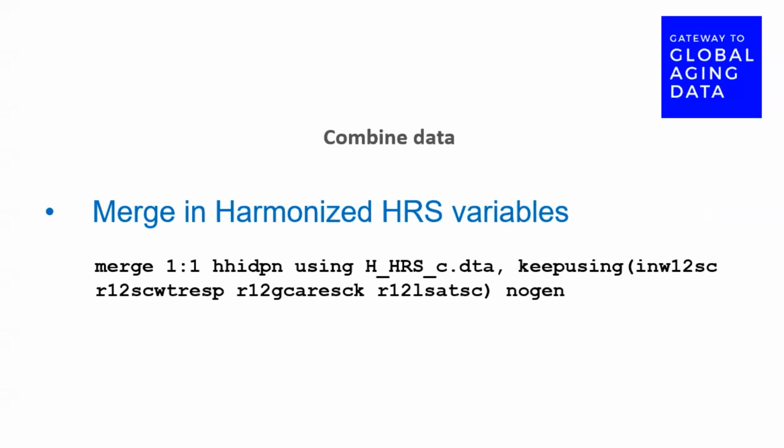They both use HHIDPN as their primary identifier, so we can perform a one-to-one merge in Stata, where Stata knows that for every one observation in the RAND HRS longitudinal file will match to another one observation in the Harmonized HRS file. Similarly, as when we loaded the RAND HRS longitudinal file, we can choose to only pull in the variables from our Harmonized HRS which we're going to use for our analysis. And you can do this in Stata using the keep using option.